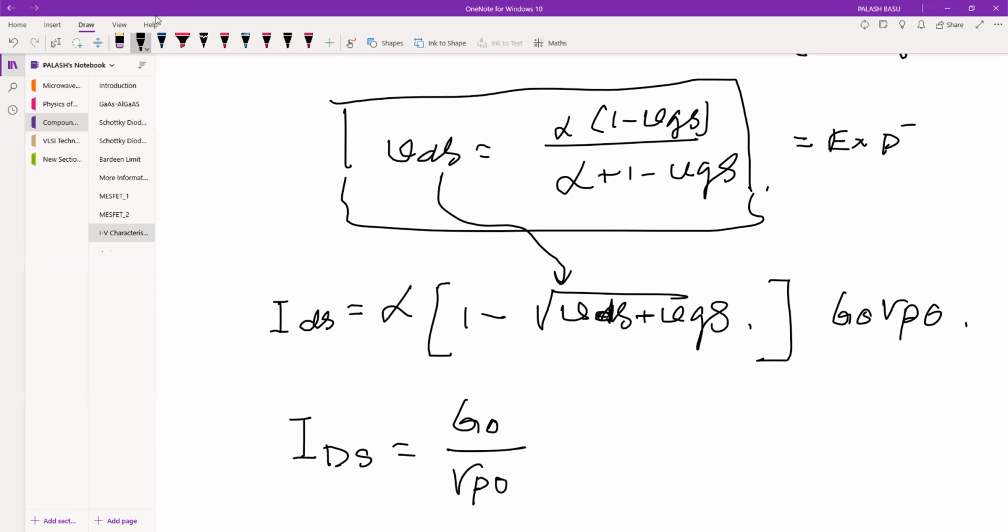G0 VP0, just find out. It's a simple mathematical calculation. G0 VP0 alpha, 1 plus 4 alpha, 1 minus dBi.